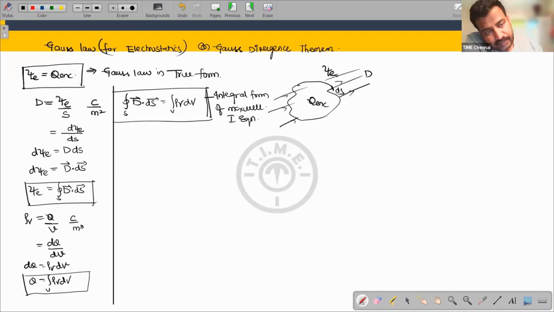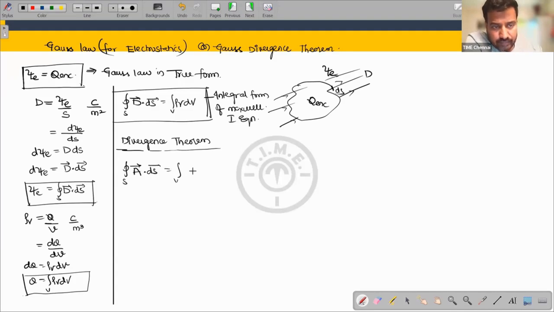Applying divergence theorem on this, according to divergence theorem, closed surface integral A dot ds is equal to volume integral del dot A dV. This is your divergence theorem.